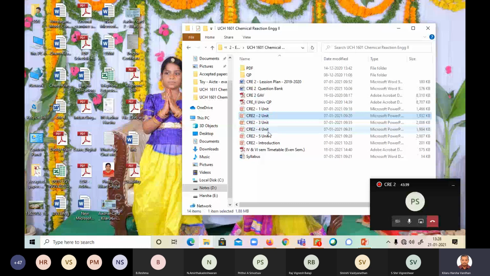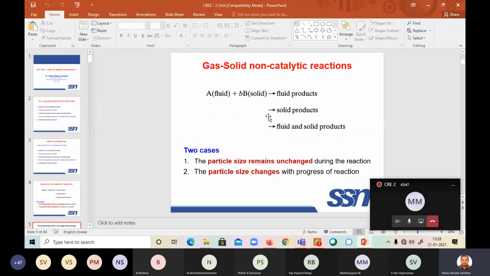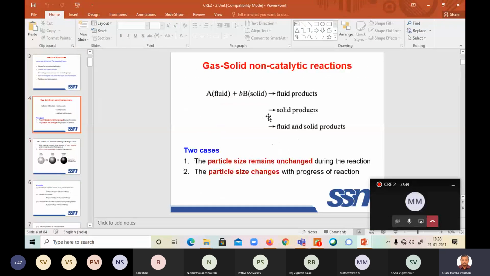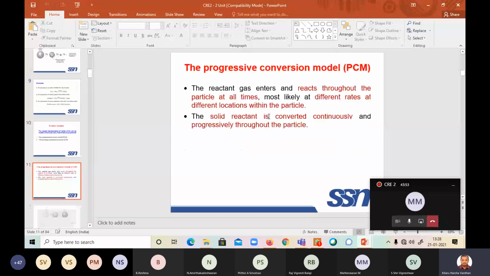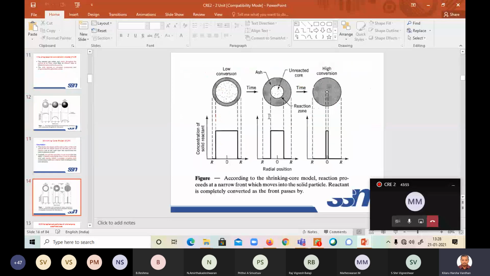So by temperature difference. Temperature difference. Now, can anyone tell this?